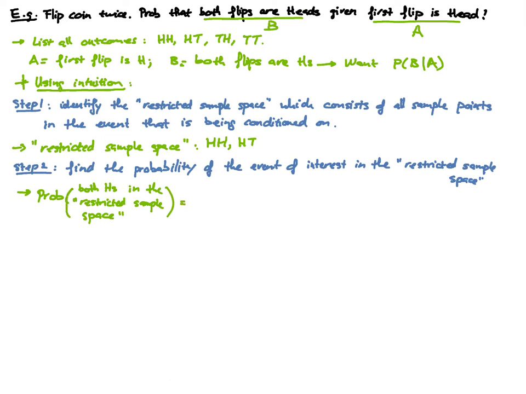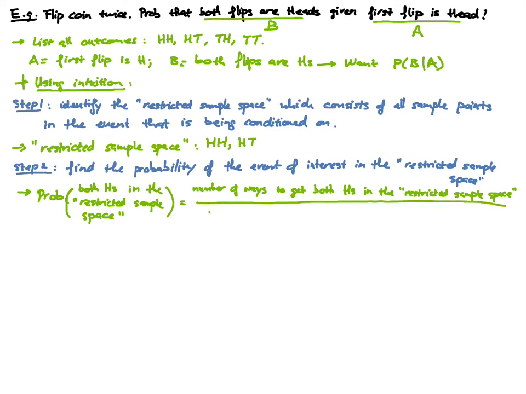By definition, this is the number of ways to get both heads in the restricted sample space, divided by the total number of outcomes in the restricted sample space.